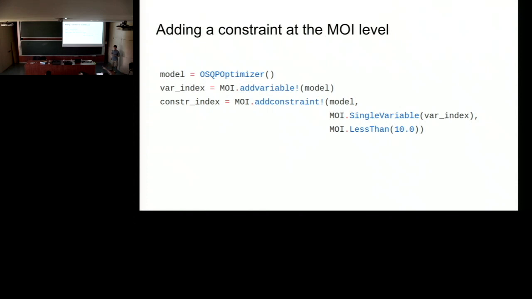Well, the idea is to create sets, not change the function. You can also change the functions. The functions are a little more baked into how JuMP works, for example, because when you write down a quadratic expression in JuMP, it will turn it into the quadratic function.